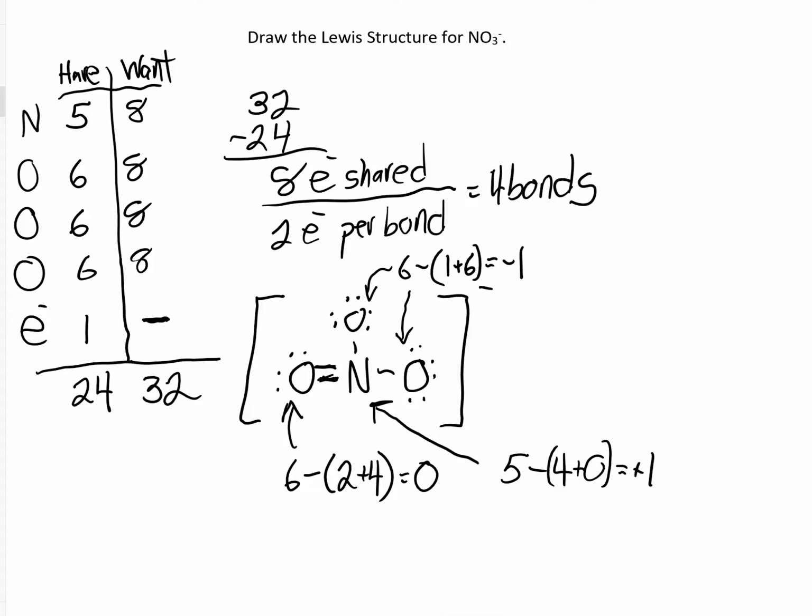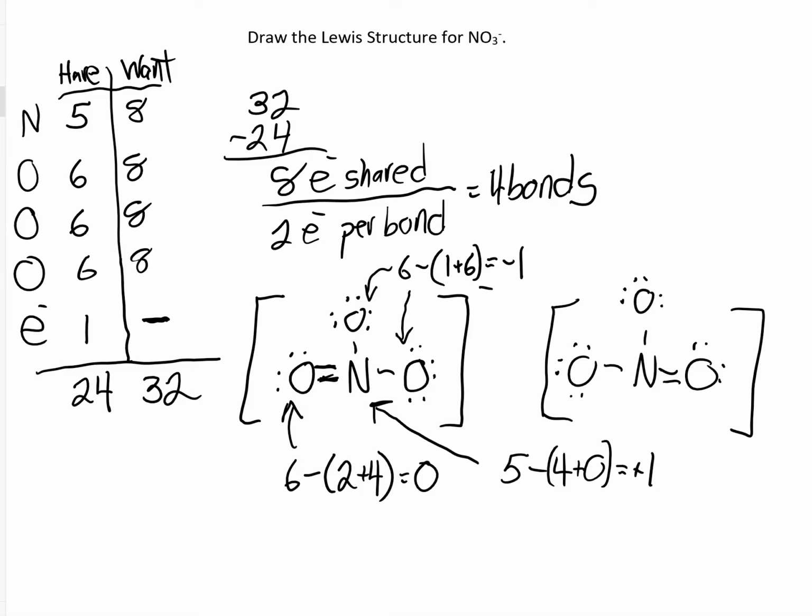Well, maybe there's a better structure than this one to identify the nitrate ion's Lewis structure, so let's try a different form. So again, we're going to start off by putting nitrogen surrounded by 3 oxygens, and this time I'm going to put the double bond over here and fill in my lone pairs on my oxygens.